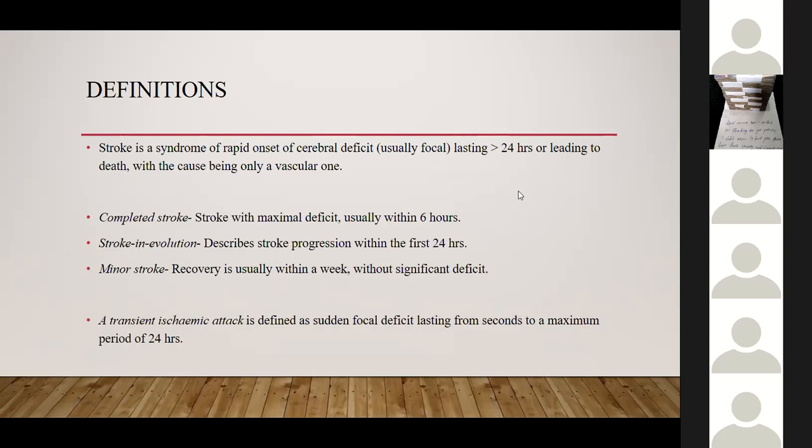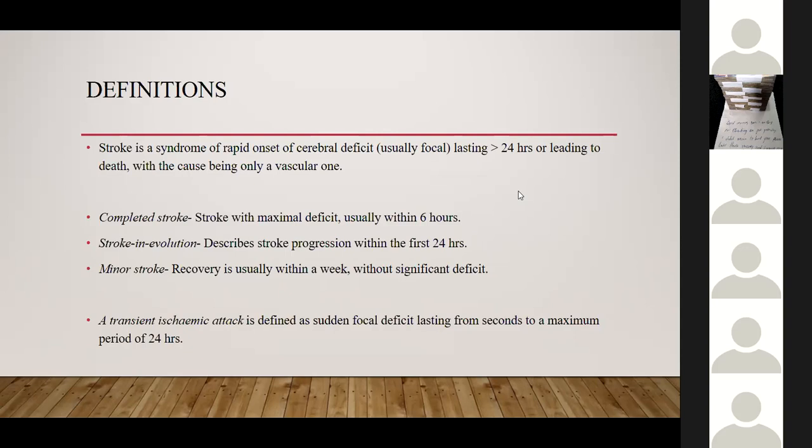And usually once they come with that, you would say that, all right, this is a stroke in evolution. It means that the stroke basically is now starting. It's not a fully established stroke. It's in the process. It's undergoing changes until eventually you end up having what we call a completed stroke.